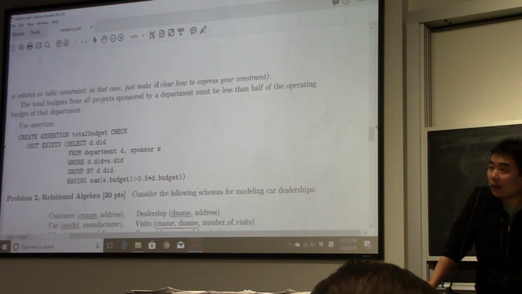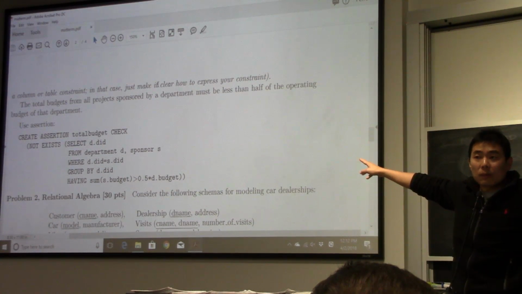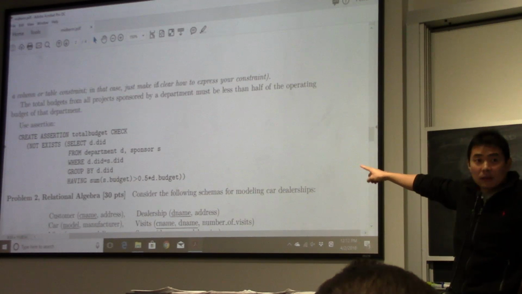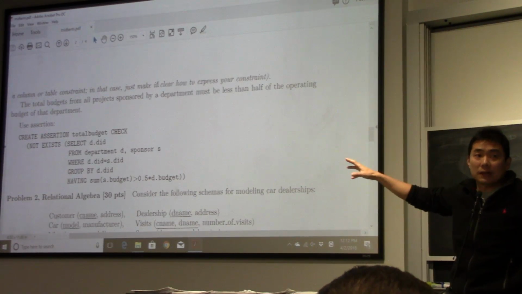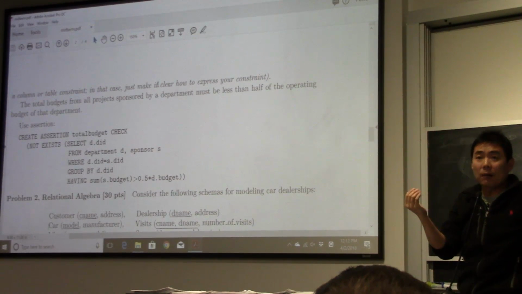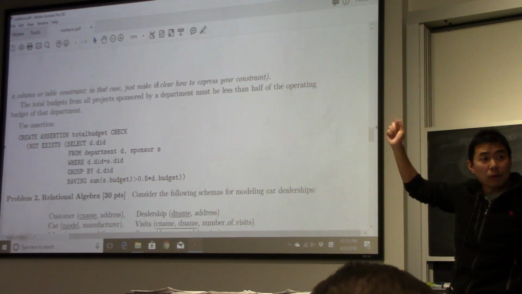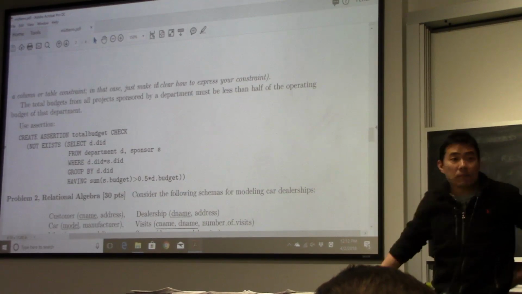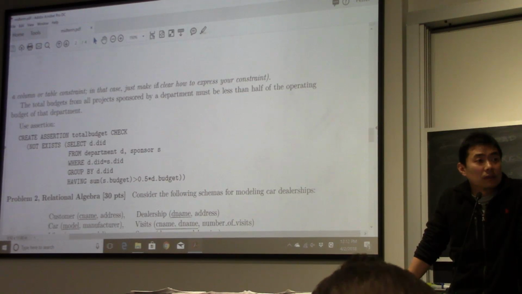And you basically say, okay, you join department and the sponsor table, and you group by the department ID. You calculate the sum of the budgets for all projects. Those monies come from different departments. The sum of that, which is the total budget for those projects, cannot be greater than half of the department's budget.